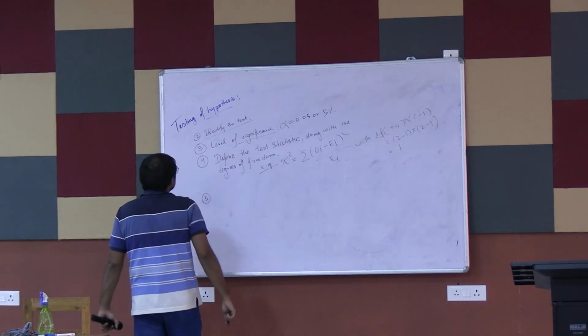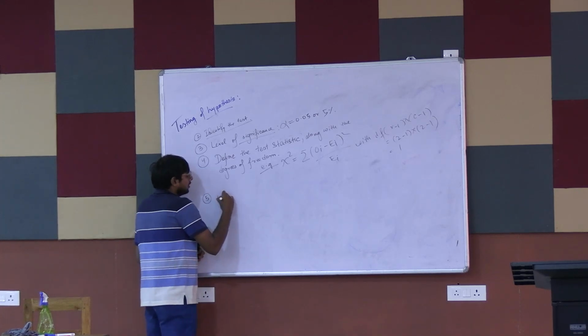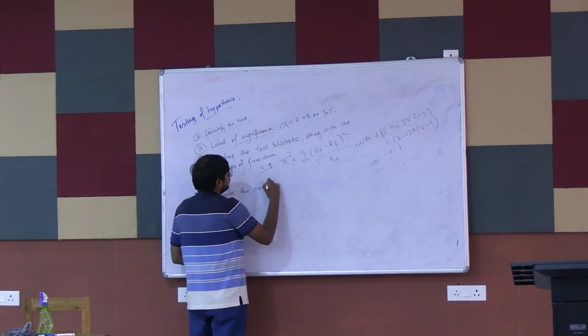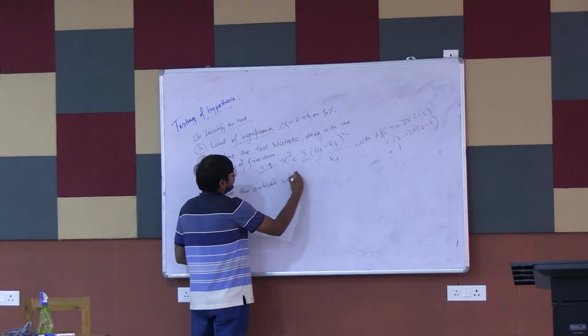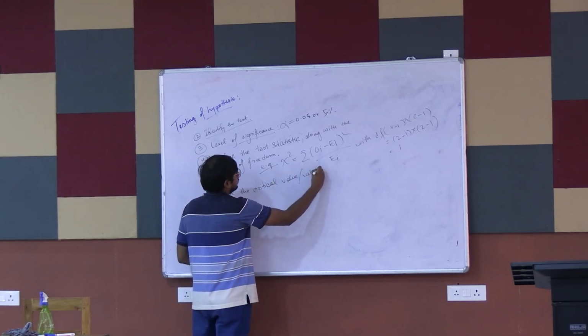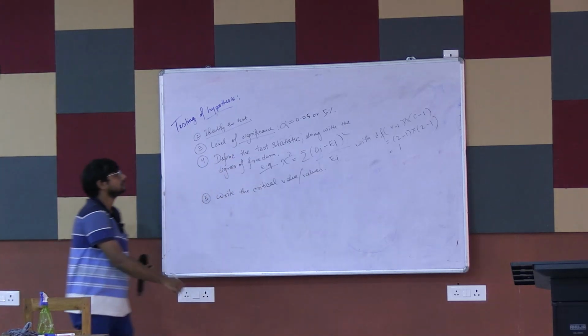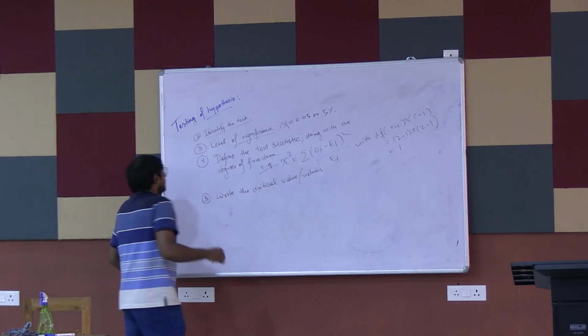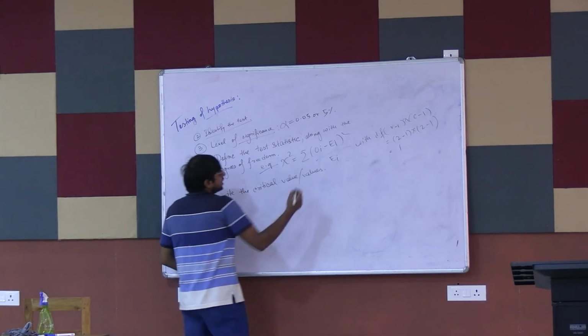After that, what are we going to do? Write the critical value or values, whatever be it. What are the critical values?